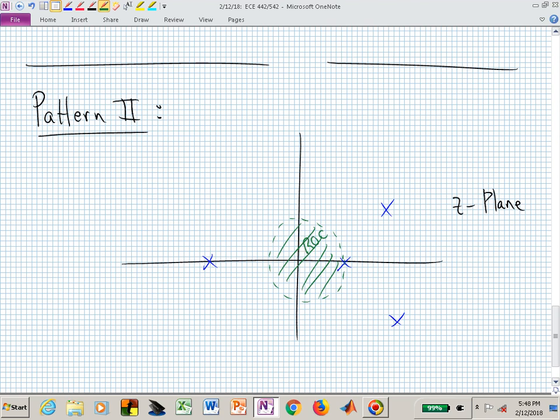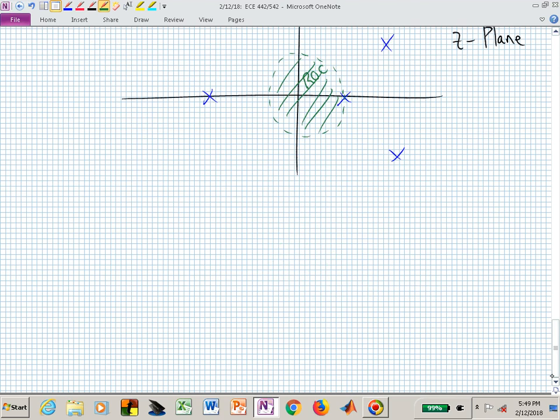Now instead of having a void, my region of convergence is that little disk in the complex z-plane that's bounded by the pole that has the shortest radius from the origin, or the smallest. This particular pattern, then, I'm saying is a bounded disk ROC.